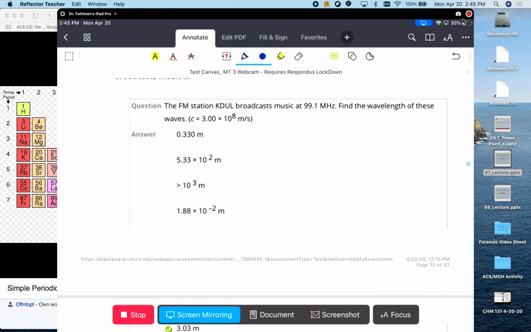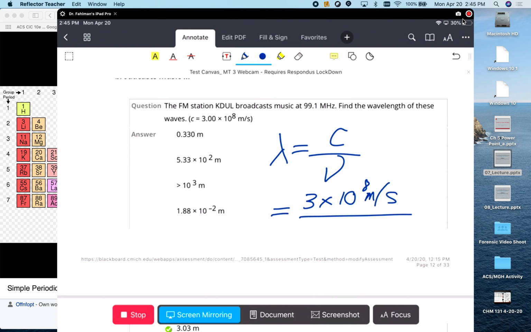Calculation. It's 99.1 megahertz, find the wavelength. Wavelength is c over frequency. So that is 3 times 10 to the 8th meters per second divided by frequency, which is 99.1 megahertz.